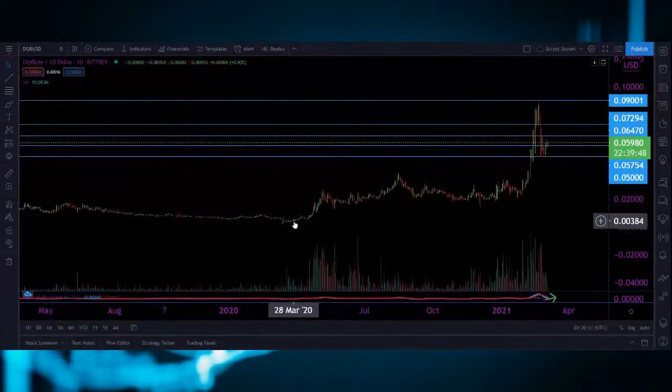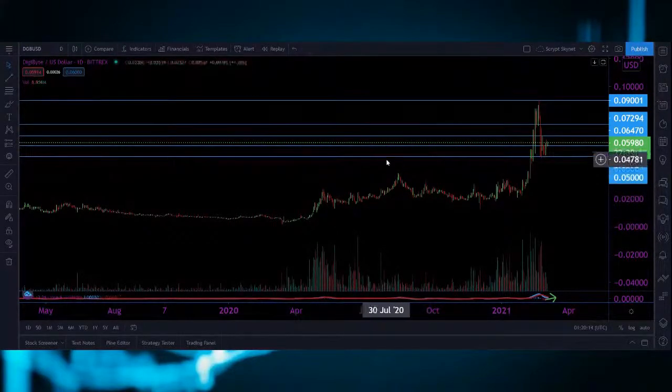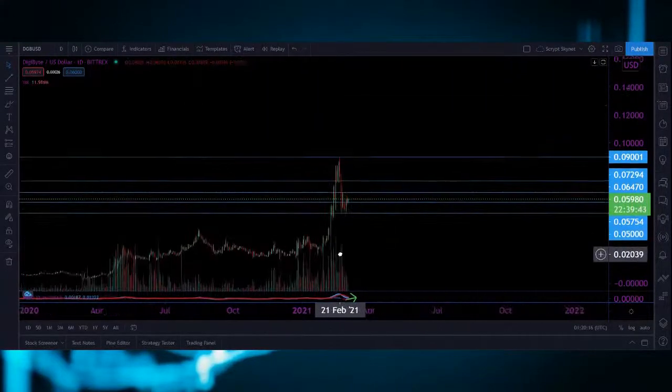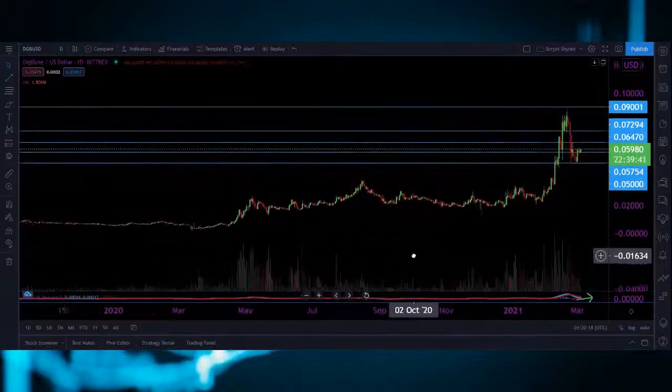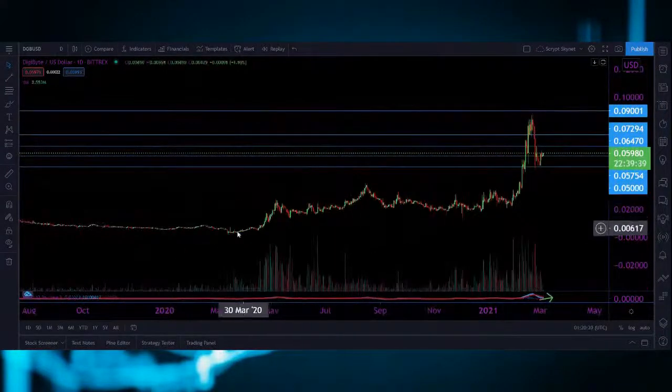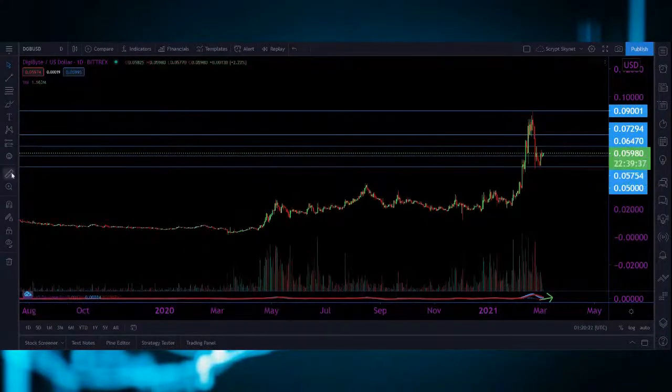Okay, so I'm not gonna cut out this chart and move it over here. That's not what I'm going to do. I'm going to measure, okay? I'm going to measure this. How many days? Actually, I'm going to measure the gains.